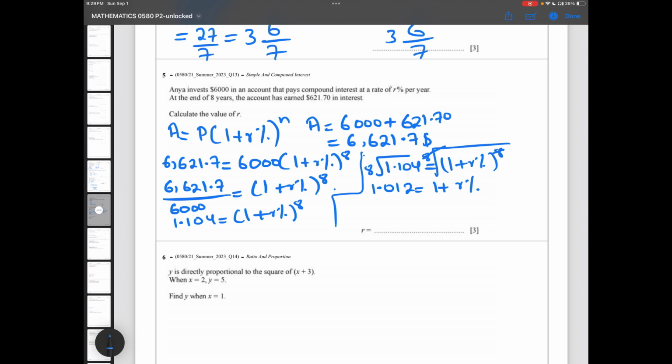Now the 1 on the right side of the equation, I will move to the left, and it will be subtracted from 1.012.